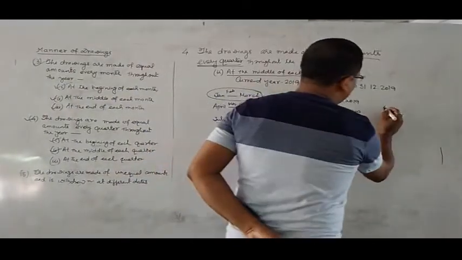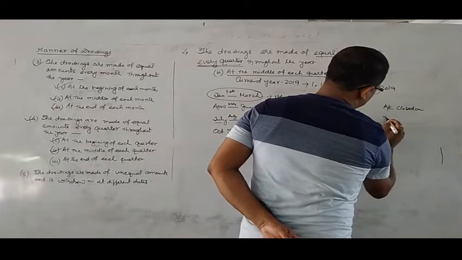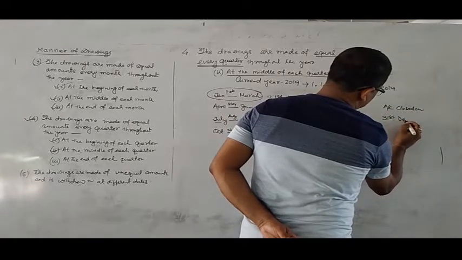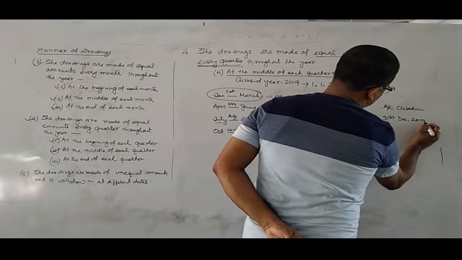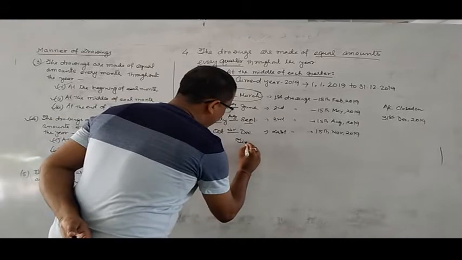Our account will be closed on 31st December 2019. Okay. What is the formula for calculating the months?